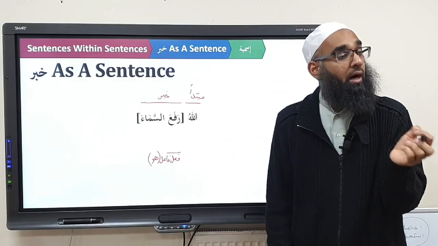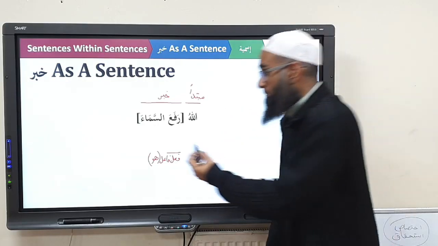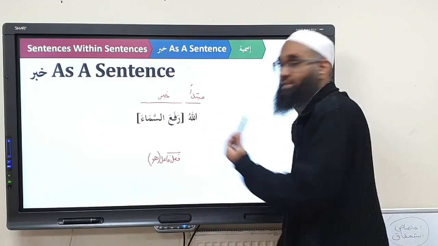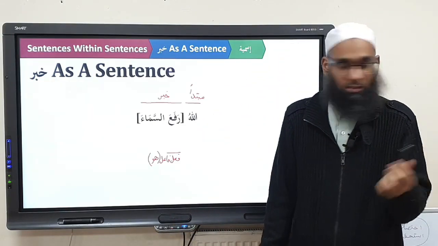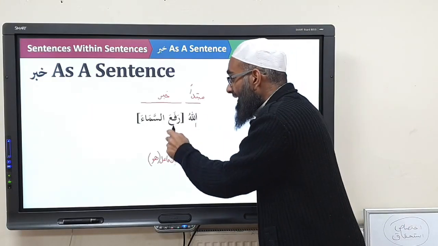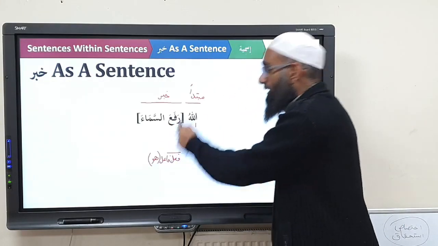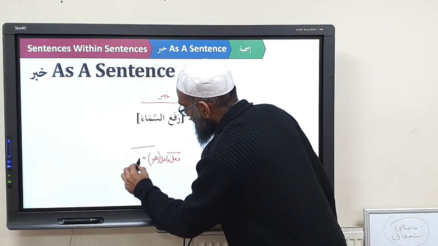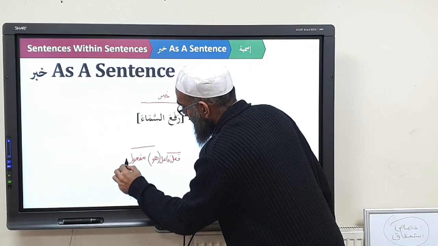We can't say the word Allah is the fa'il. The damir huwa, which refers to the mubtada, is the fa'il, not the word Allah itself. That's the way Arabic grammar works. This is not the fa'il, this is the mubtada. The fa'il is the huwa, damir mustatir in rafa'a. And as-sama' becomes what? The maf'ul bihi.